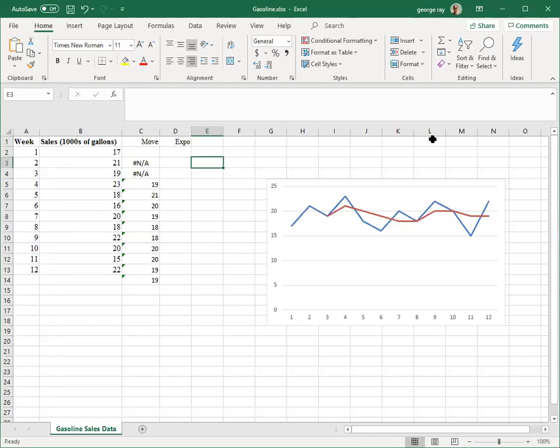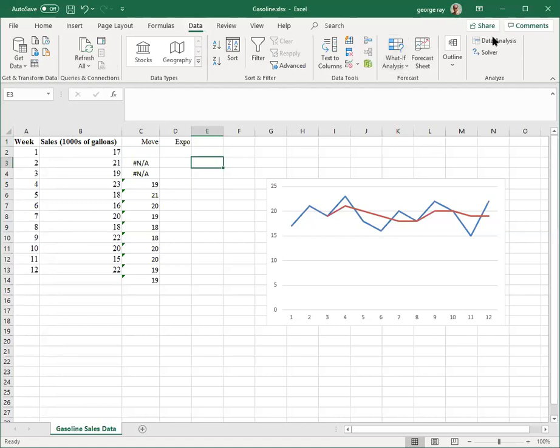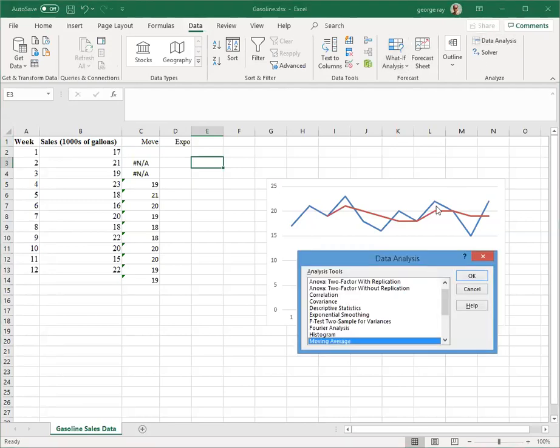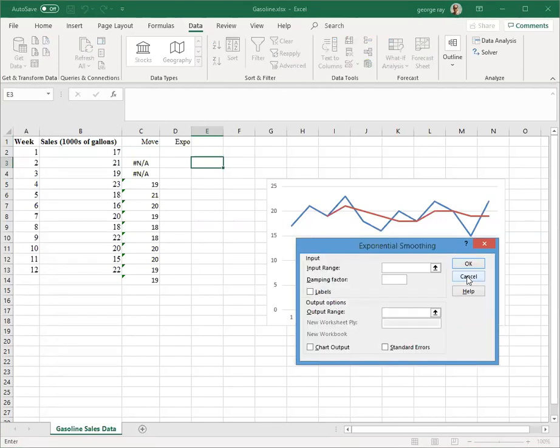So again, we're going to use our data analysis tool pack. And so we go to data, data analysis. Here I'm going to use exponential smoothing. So I open that. My input range will be my values.